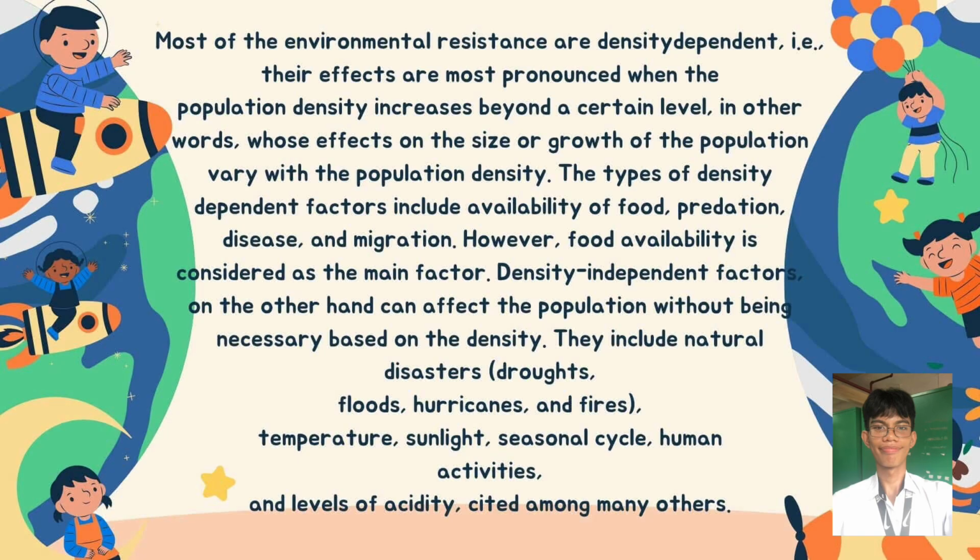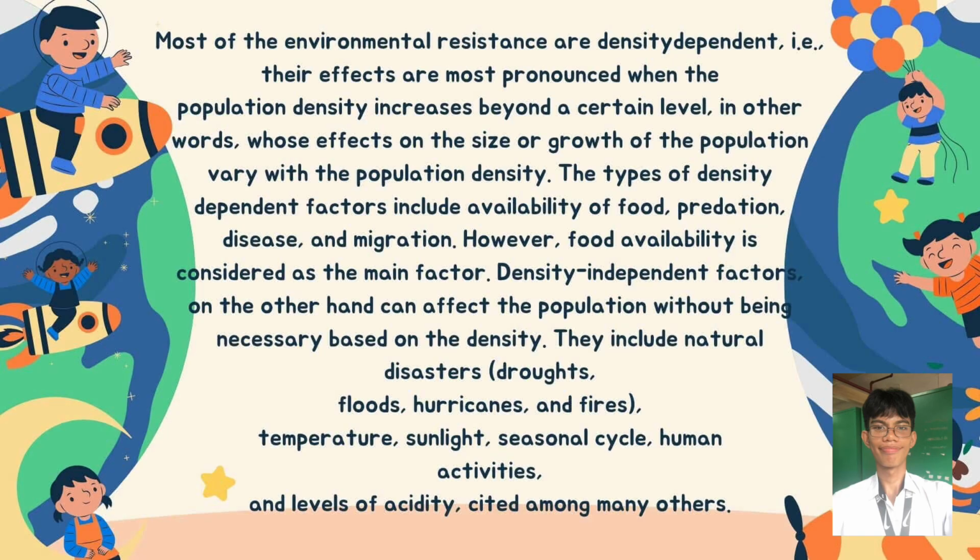For example, earthquakes, floods, hurricanes, fires, temperature, sunlight, seasonal cycle, and human activities. These natural disasters or natural seasons can also affect the resources of the biotic. So it is important to know this.